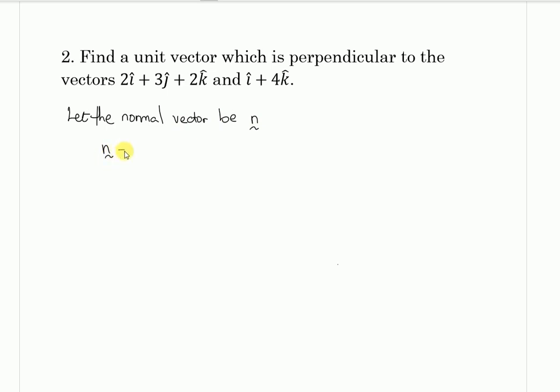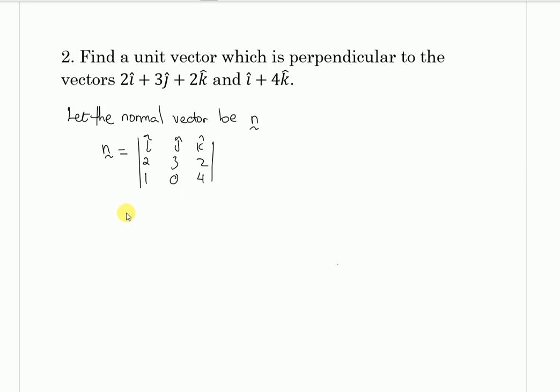So we have that n is equal to, we can just have i, j, k, 2, 3, 2, and then 1. There is nothing in the j for this one, so we have a 0 there. Then 4.